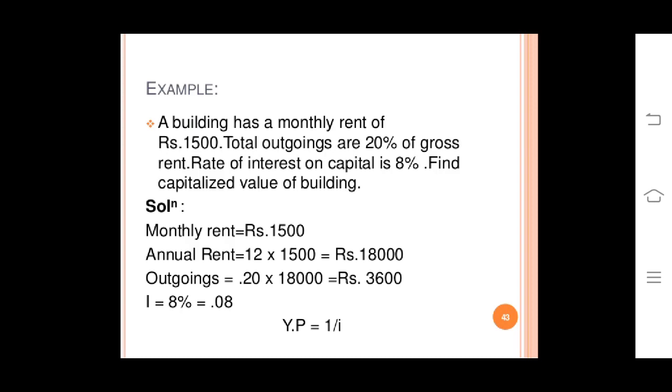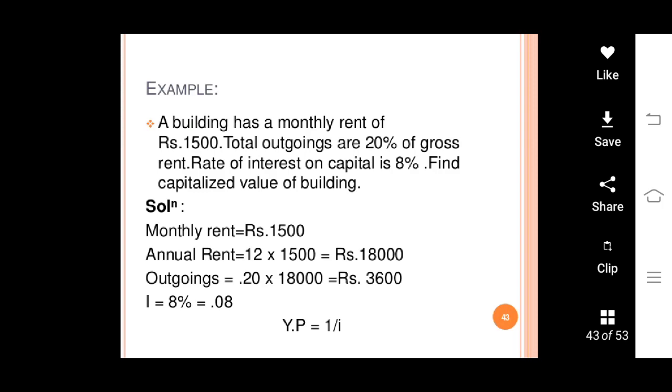Example for finding out the capitalized value: a building has a money rent of 1500. Total outgoings are 20% of gross rent. Rate of interest on capital is 8%. Find the capitalized value of the building. Monthly rent is 1500. Annual rent is 12 into 1500, which is equal to 18,000 rupees.